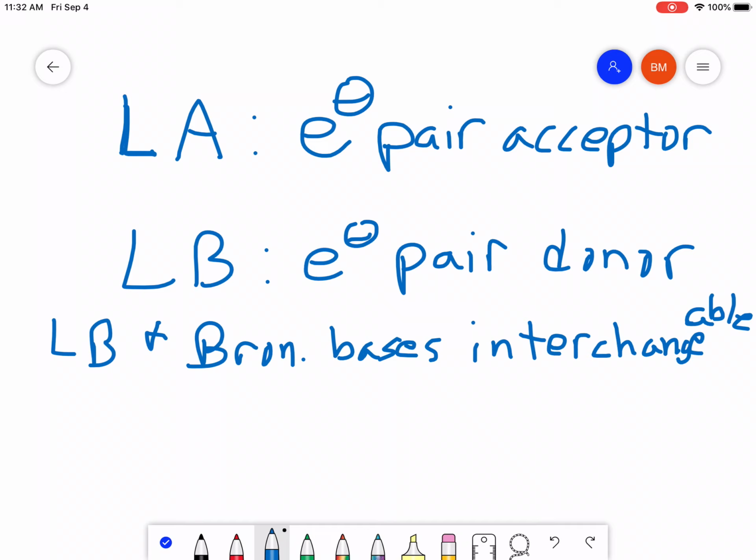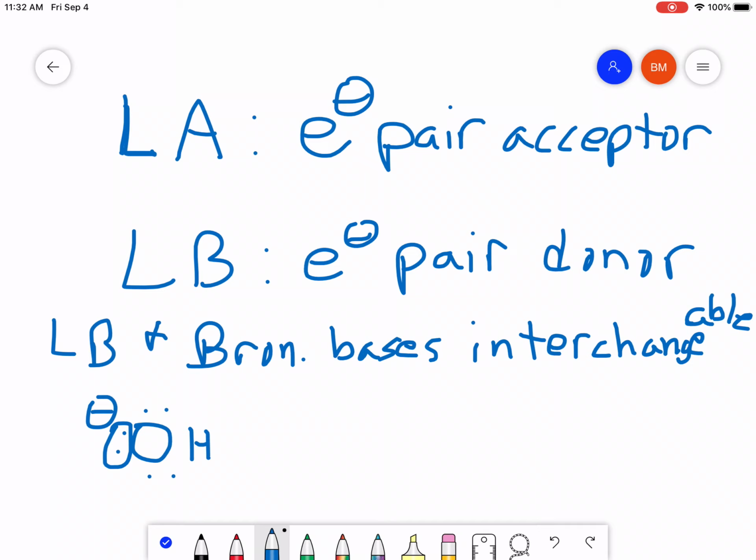So, for example, if we had something like OH minus, we know that's a Bronsted base because we said it's capable of accepting a proton, an H+. Why is it capable of accepting a proton? Well, it's because it has available unshared pairs of electrons that it can donate to a proton.